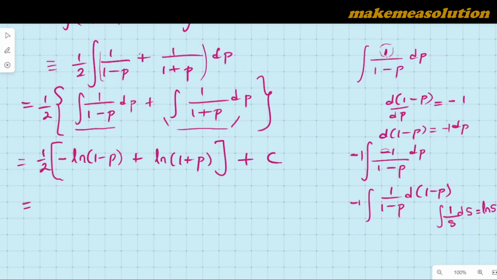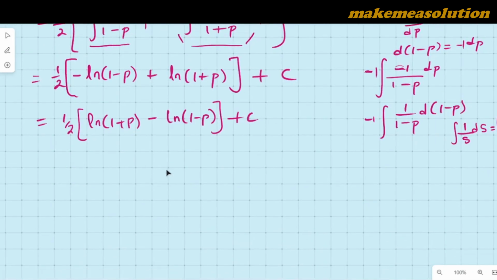Now if you rearrange this, you'll be getting 1 over 2 [ln 1 plus p, then minus ln 1 minus p]. Is that okay? Plus c. So where are we going with all of this? Let's keep moving. So we have 1 over 2. Applying the law of logarithms, you have ln (1 plus p) over (1 minus p), then plus c.